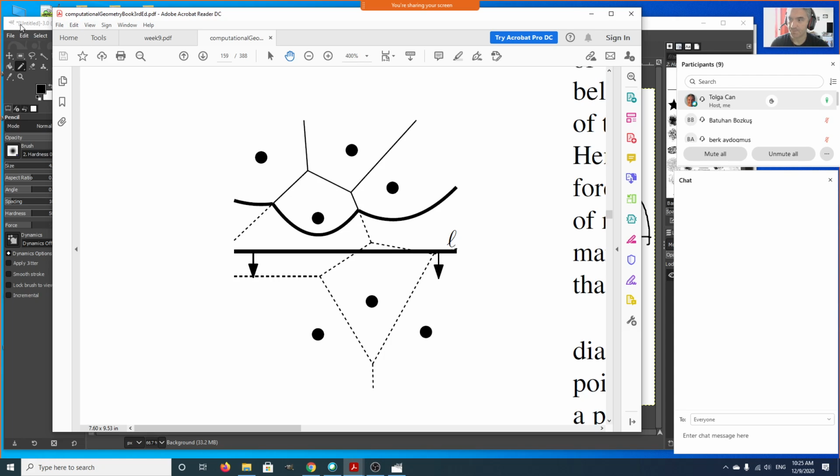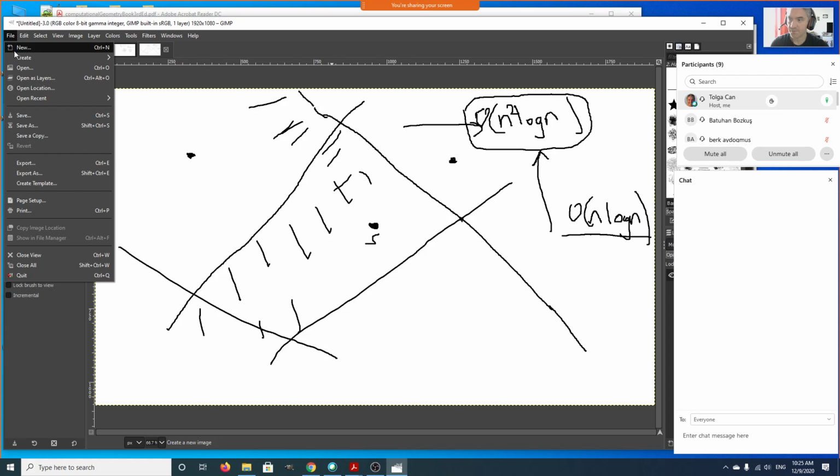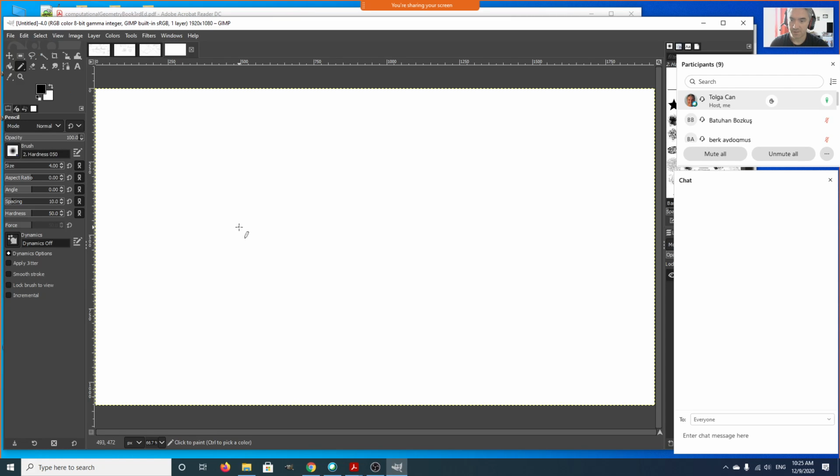In other words, we need to look at something like this. If this is the sweep line, and this is a site that we have processed earlier, let's look at a point here. Can we say this point belongs to the site's cell? We don't know.